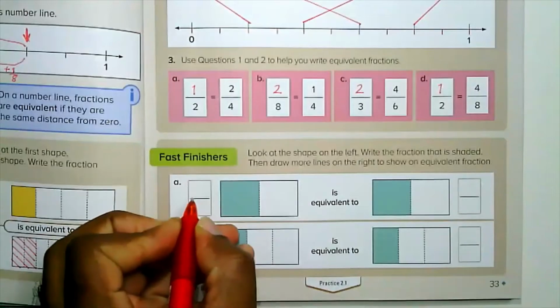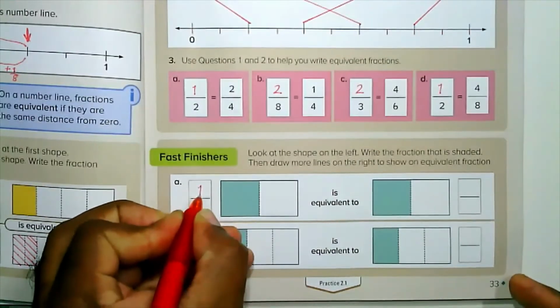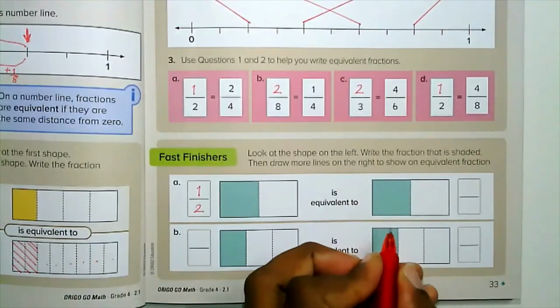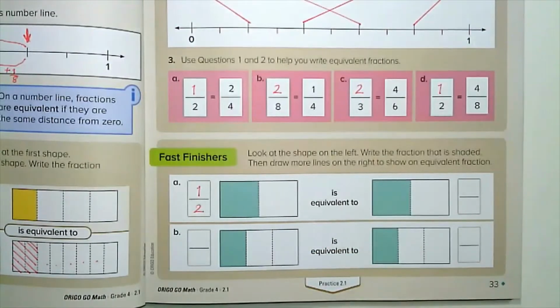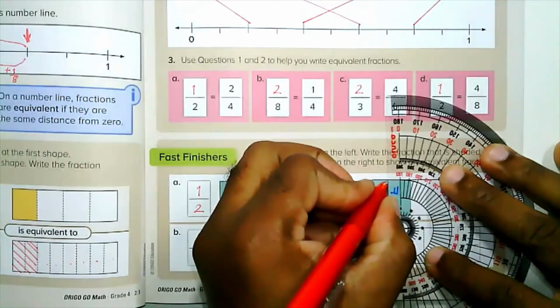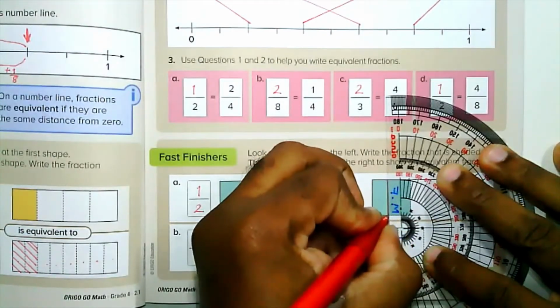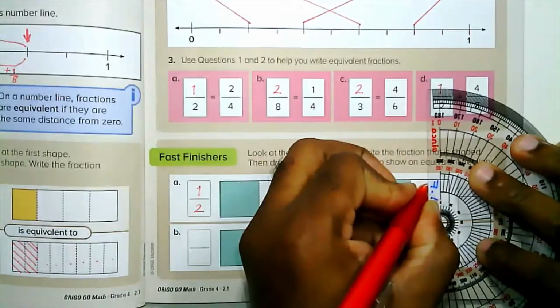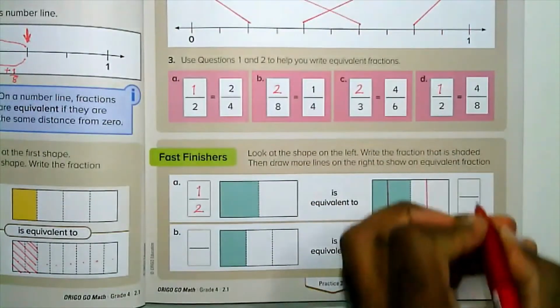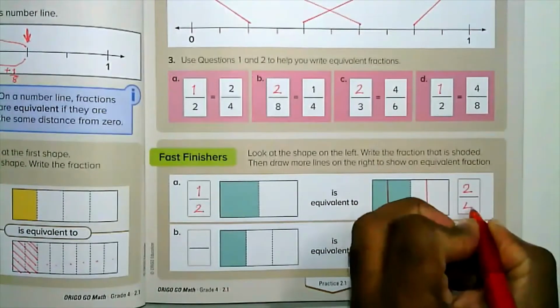So here we write it to be 1/2, which is equivalent to, we can draw the line to make it 2/4.